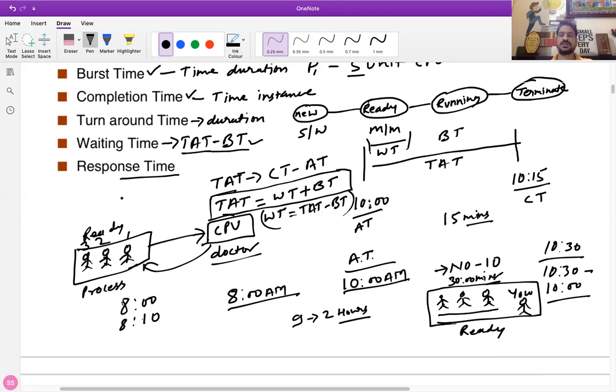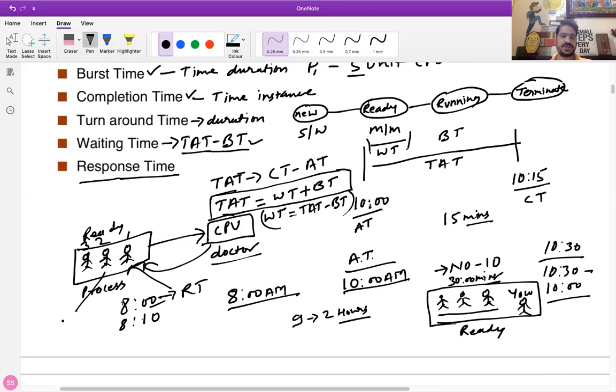It means the process is responded to by the CPU. It is not like the second response also counts. Like in the doctor scenario, the doctor takes the patient into the clinic at 8 o'clock. So that 8 o'clock is the response time for that particular patient.